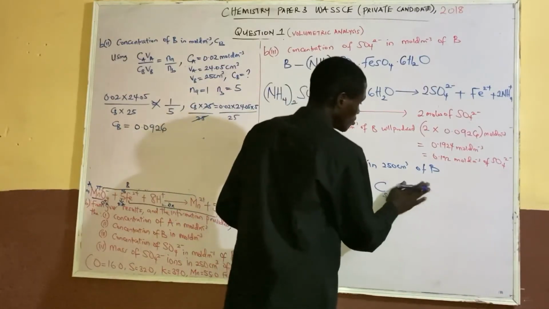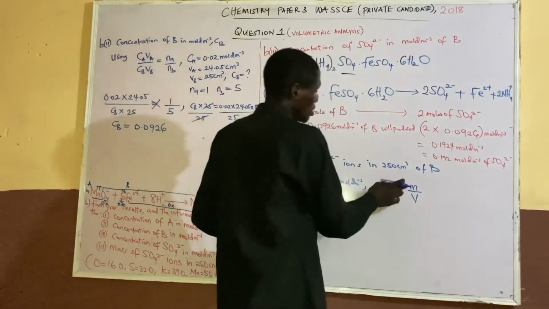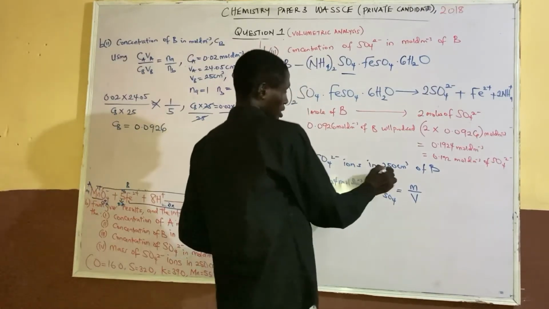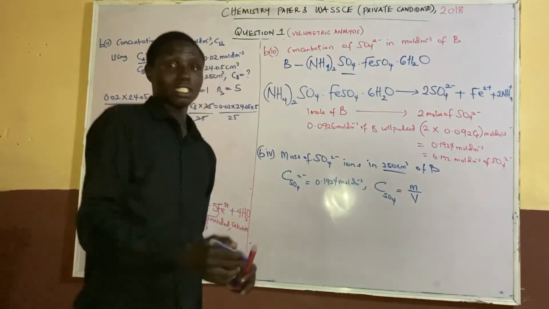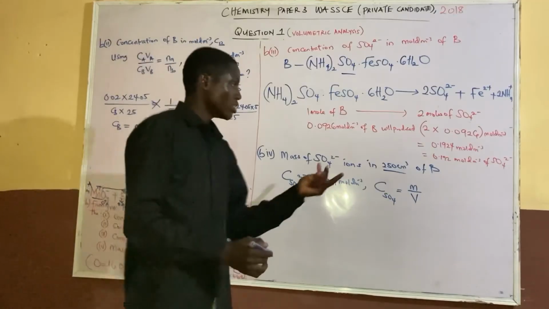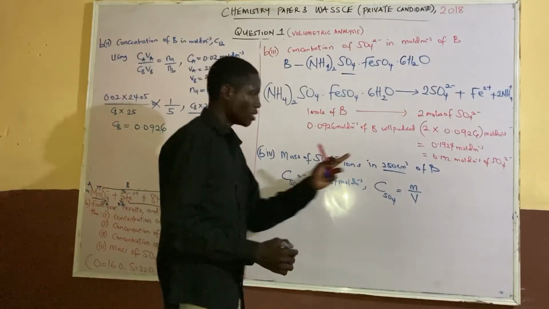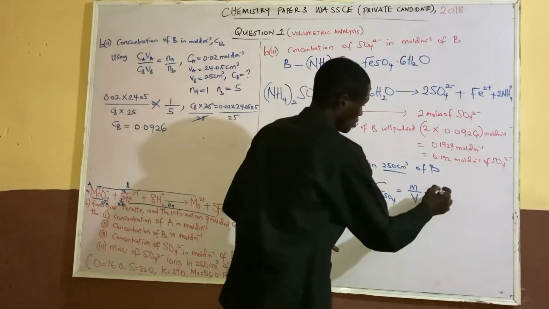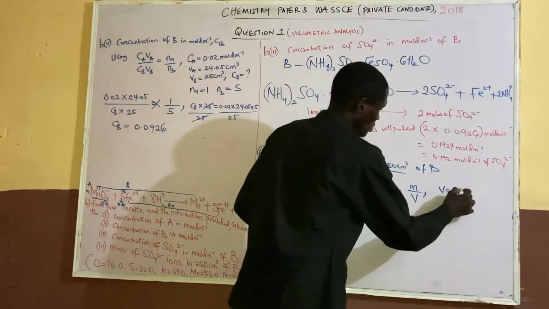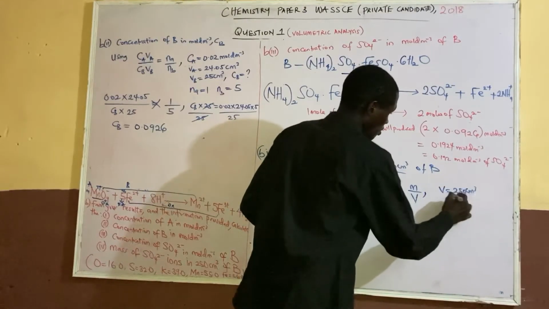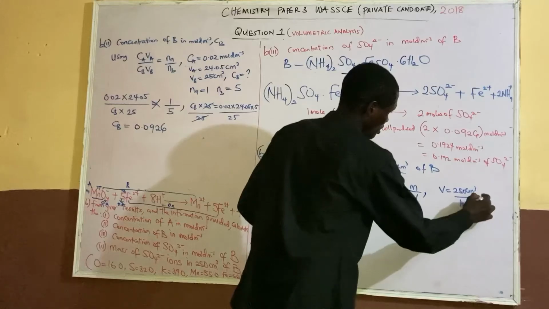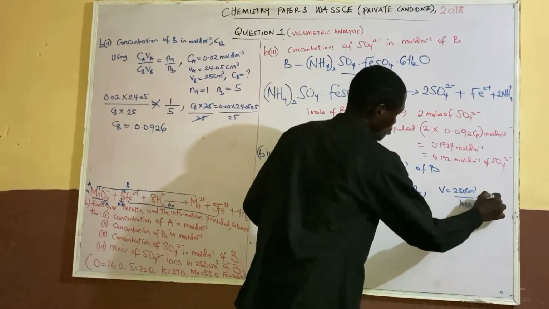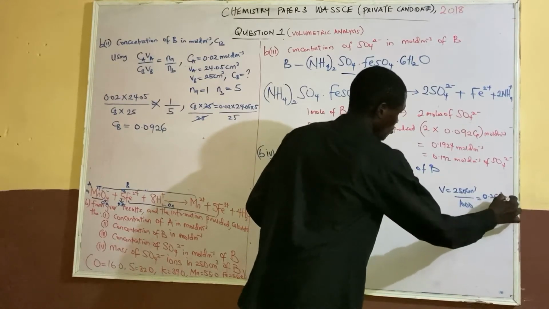Now to calculate mole, we need to transform this volume, because we are given a specific volume of 250 centimeter cube. Initially the volume is 250 centimeter cube. When we take it to dm cube, we have 0.25 dm cube.